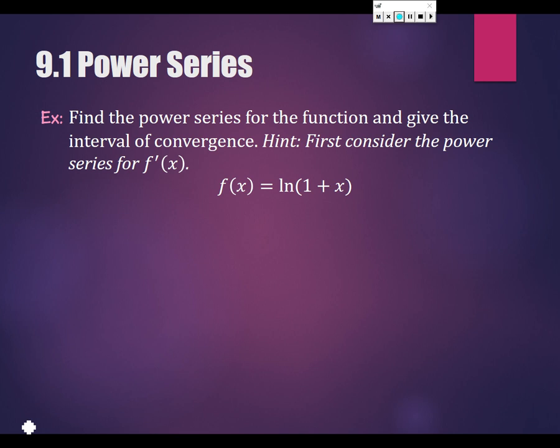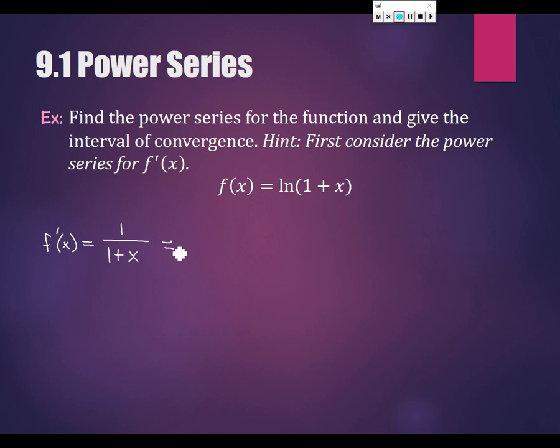Why is it asking you to consider what it's asking you to consider? What is f prime of x? Yeah, so you see that this is not going to be tractable, but this is. That's very nice. In fact, we can write this out in a couple ways.